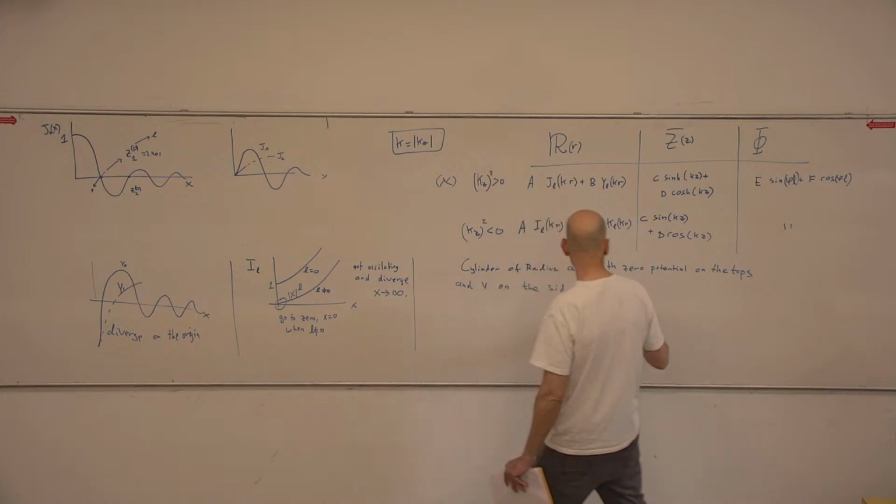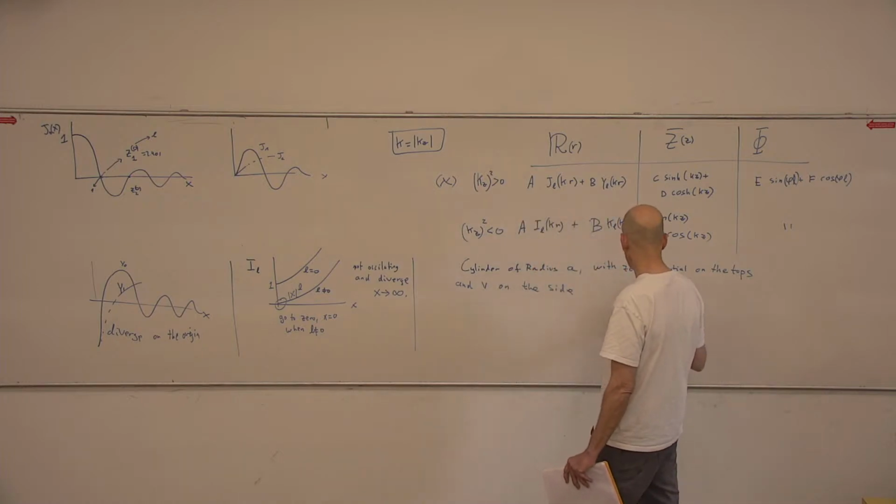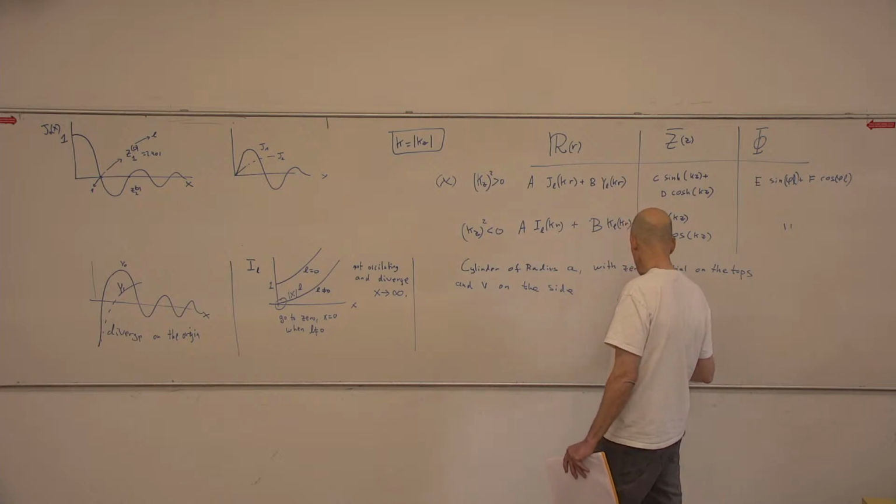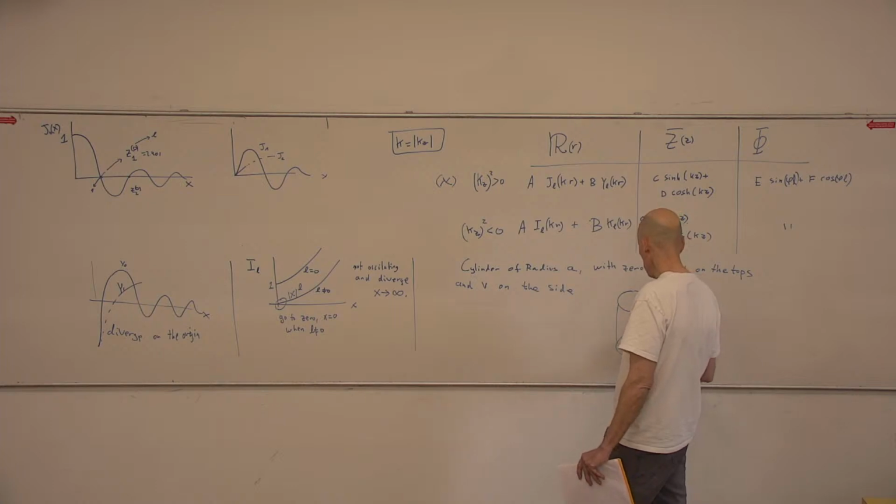In other words, I have the radius A, and this is my cylinder. This is also A.